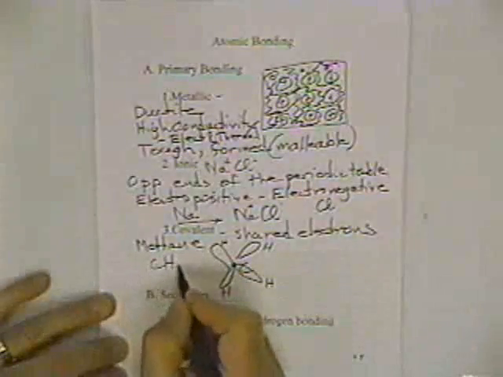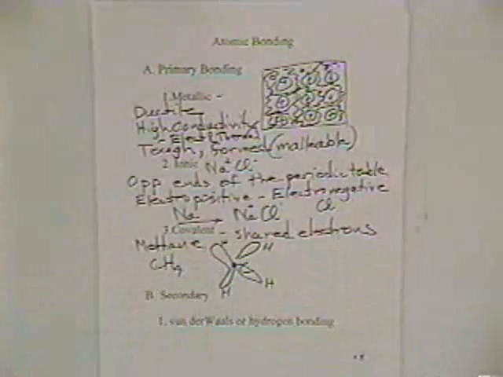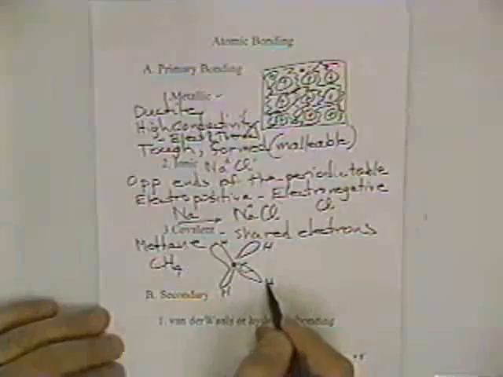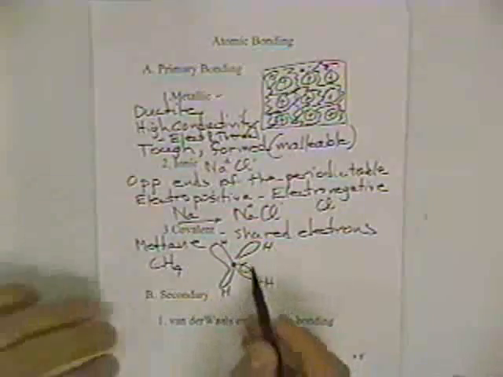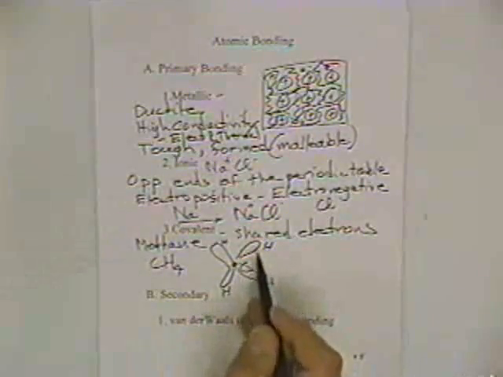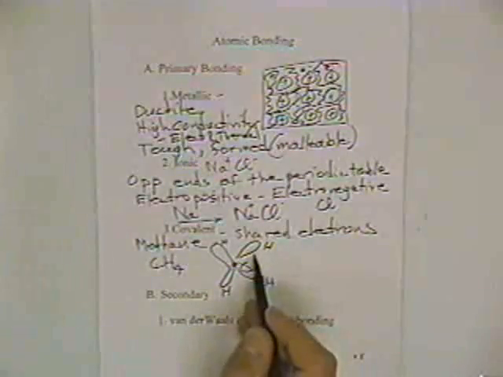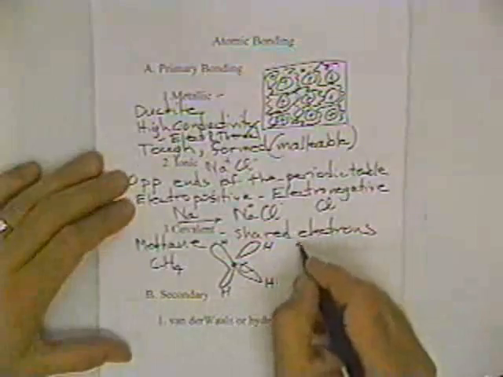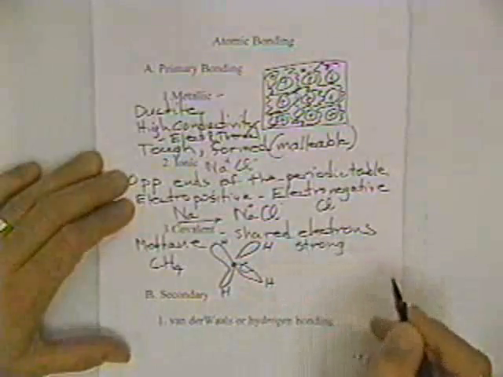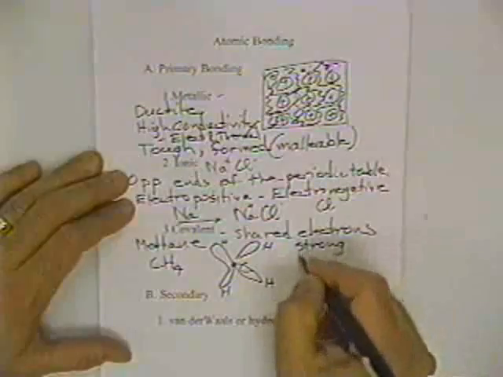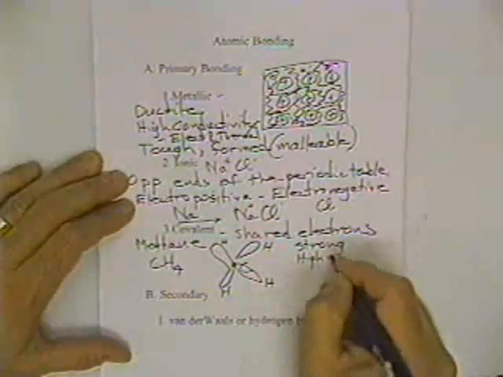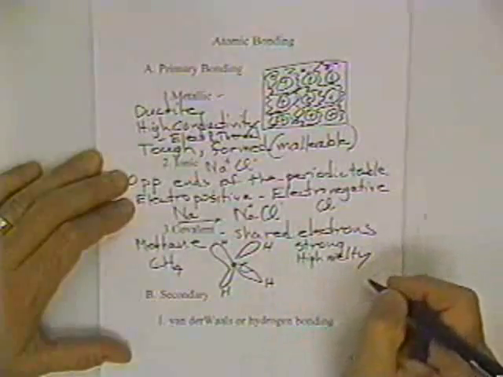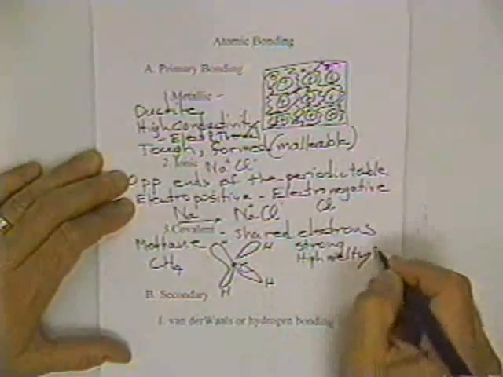So methane would be CH4. The electrons would be shared with the hydrogens. So part of the time hydrogen has 2 and it's happy. Part of the time carbon has 8 electrons, fills the outer shell, and it's happy. These bonds are very strong. We would have very high melting point materials. The hardest material is covalently bonded, that would be diamond.